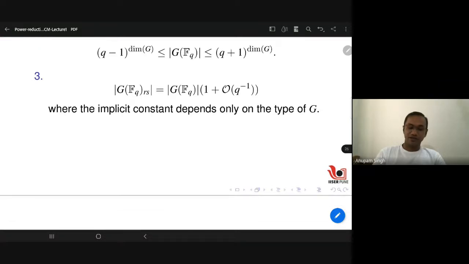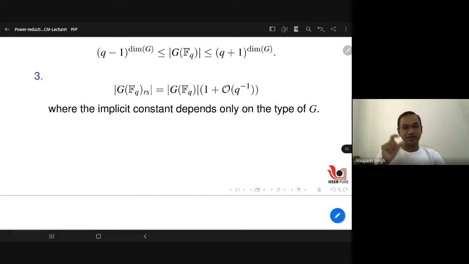Another interesting result, which I will give you a brief proof of, concerns the regular semisimple elements: how big is the set of regular semisimple elements? Keep in mind, as I have been telling you, that the number of elements in G(F_q) is a polynomial in q. It's also true for G(F_q)^RS, that it's also a polynomial in q.